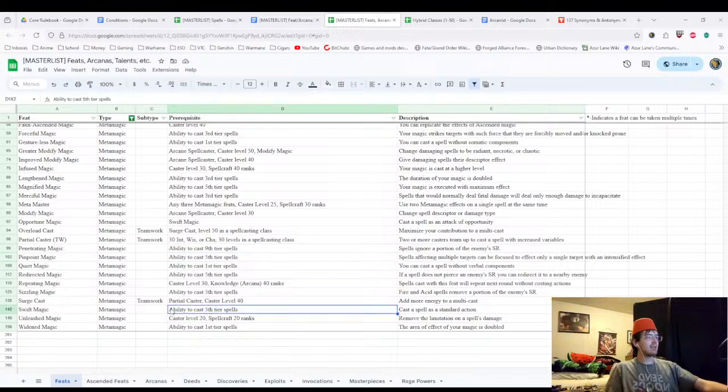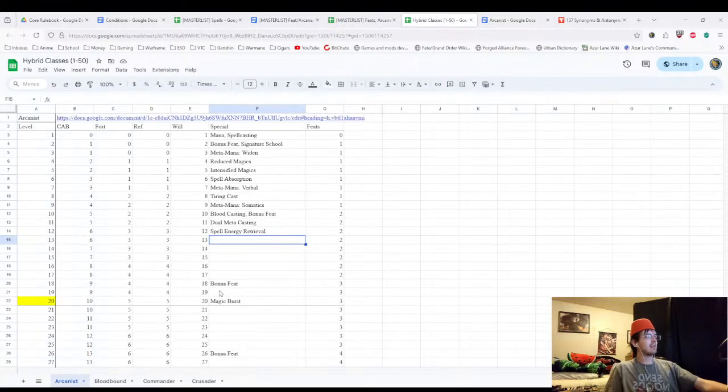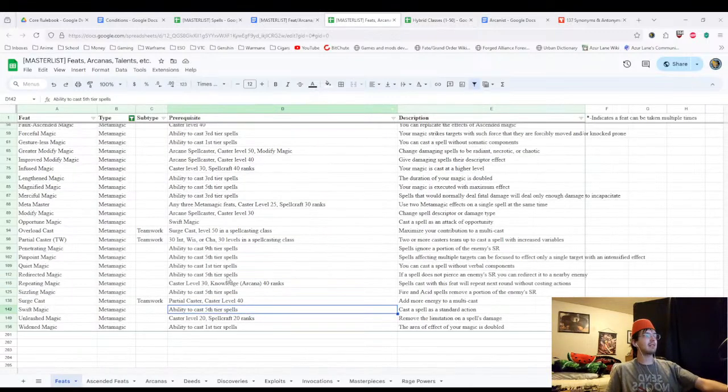So, let's see, Swift is definitely going to have to be something higher up. Meta Mana Swift is going to be right there. And it's going to have a big cost.